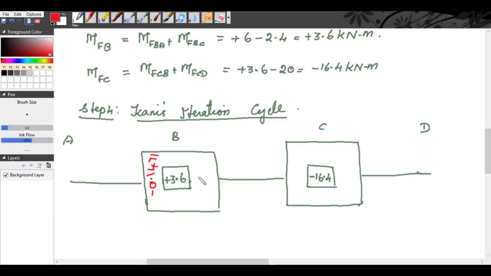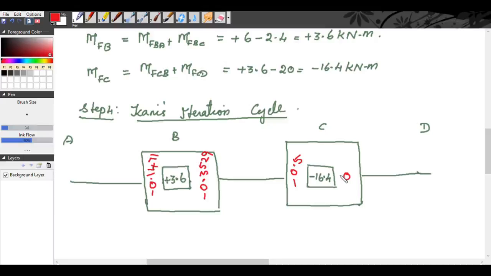For BC, the rotational factor is minus 0.3529. For joint C, the rotational factor for the member CB is minus 0.5, and for CD, the rotational factor is 0.